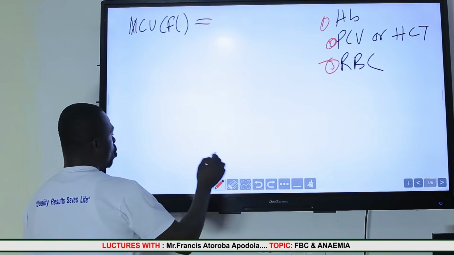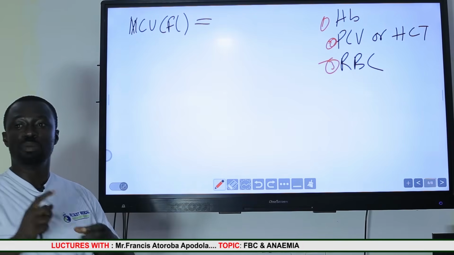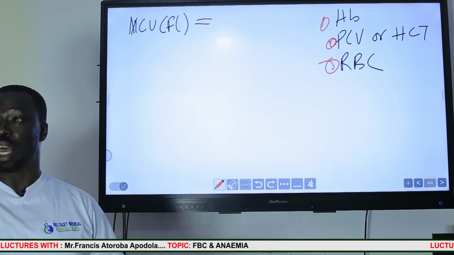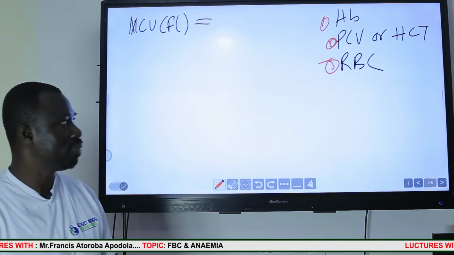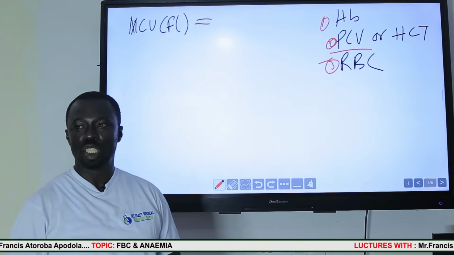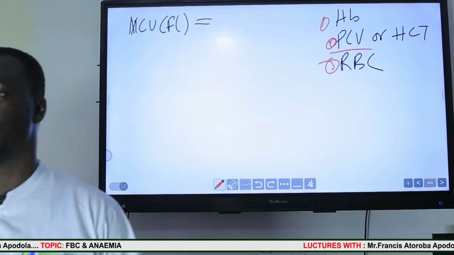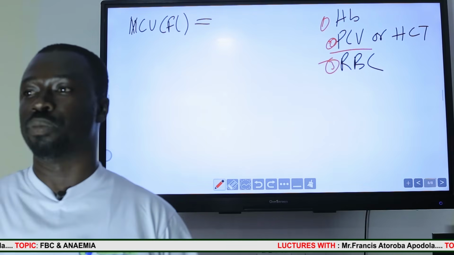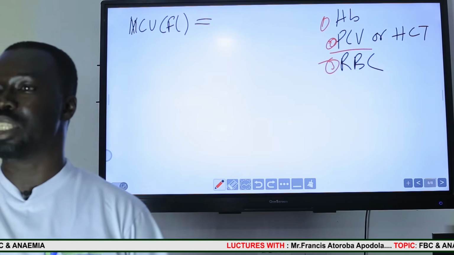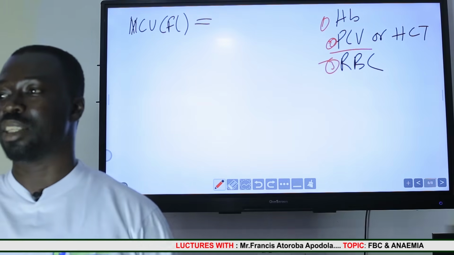Okay. So now the MCV, which is mean cell volume. We know PCV. Mean cell volume is the average size of a single red blood cell, not all the red blood cells.